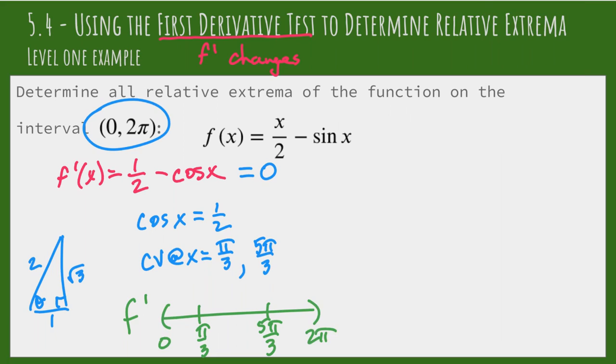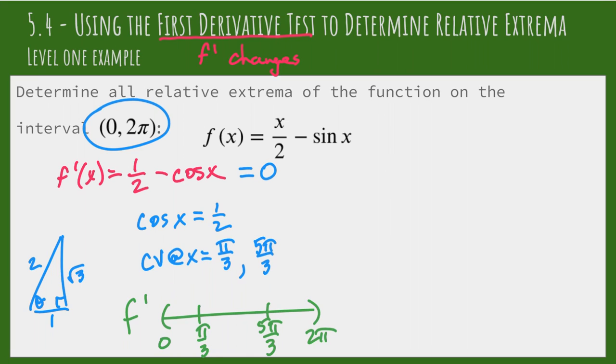I know that this is an open interval to the left and it does not include 0, but the sign at 0 for our derivative is going to be the same as the sign at, say, pi over 6. So I'm going to use 0 to plug in for this interval. Again, I know it's not on that interval, but it's the endpoint, and the sign, the positive or negative, will be the same.